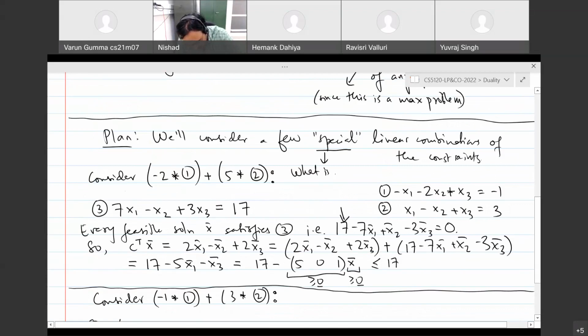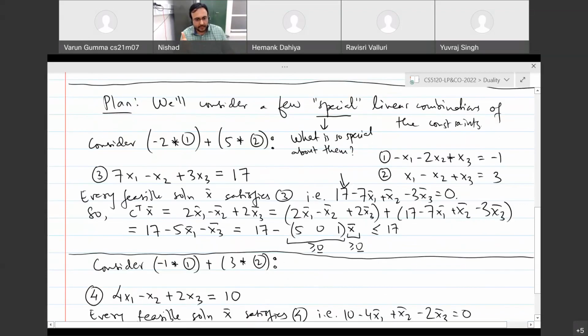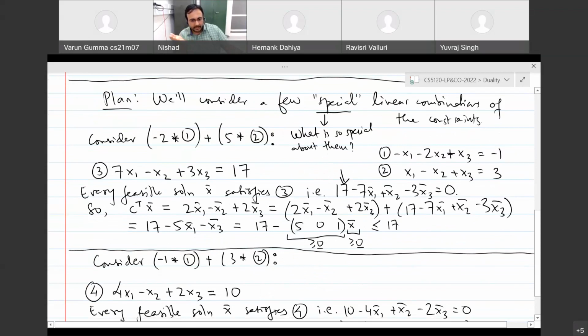what is so special about them? Of course, the second one is even more special than the first one because it actually gave us the upper bound of 10 that we wanted, right? But even the first combination gave us some upper bound. It was not completely pointless.